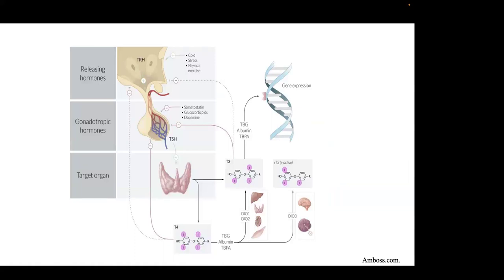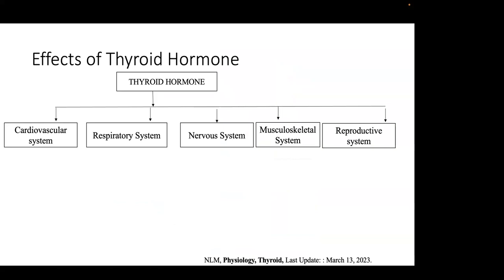This is the mechanism of the release of T3 and T4. In addition, TSH release can also be decreased in the presence of dopamine and glucocorticoids. These also contribute towards a negative effect on TSH release.